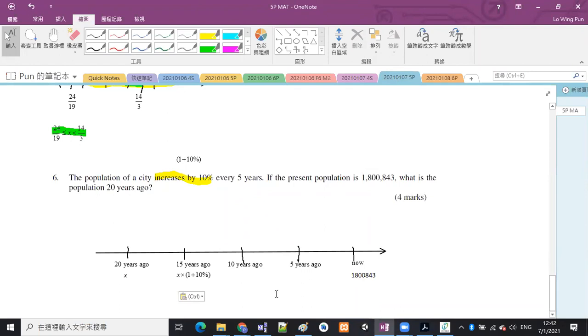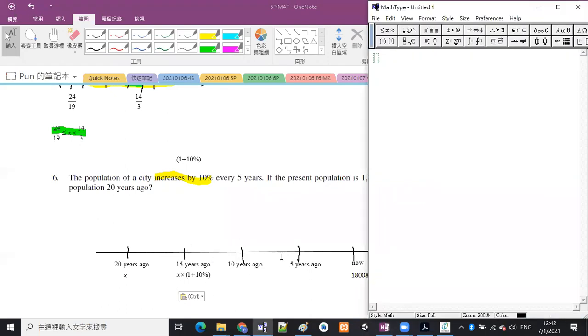Because 5 years have passed, and the population will be increased by 10%. From here to 10 years ago, it is also 5 years, so for every 5 years we multiply by another 1 plus 10%. That is x times 1 plus 10% times another 1 plus 10%, which is equal to x times 1 plus 10% squared.